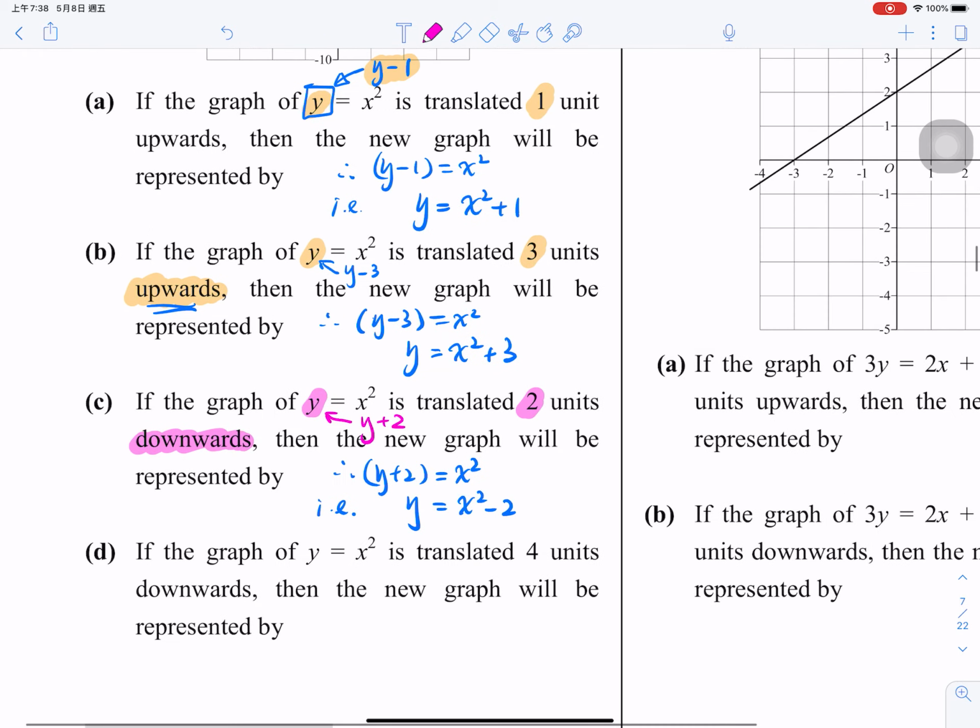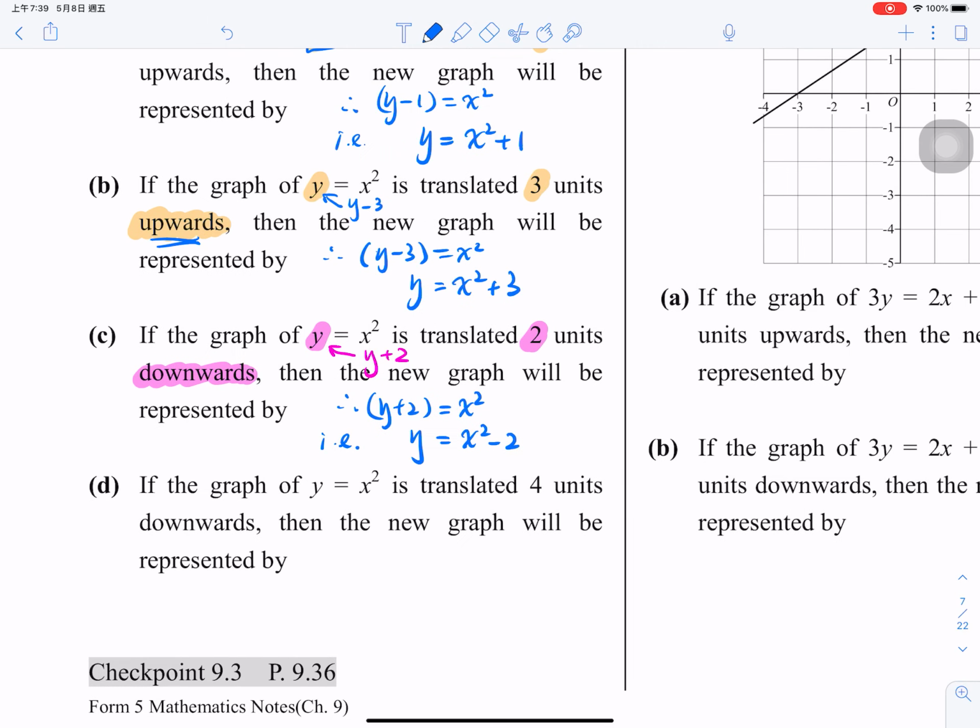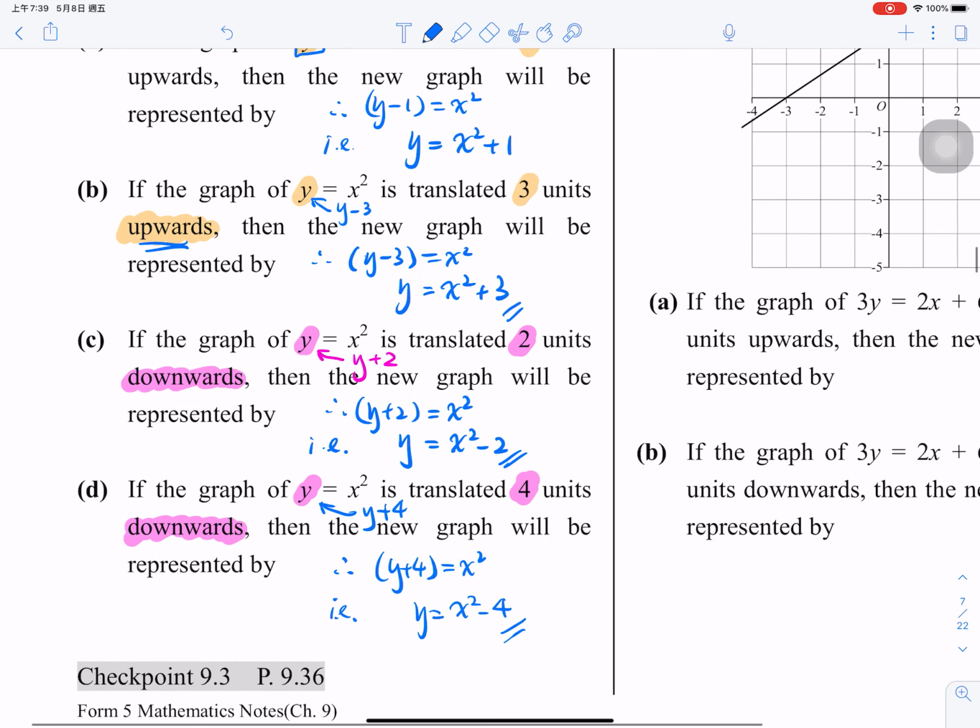How about the last one, D? If the graph of y equals x squared is translated 4 units downwards, then what should we do in y? Therefore, y plus 4 equals x squared, and that means y equals x squared minus 4, right? So these are all the answers, and then translate 4 units downward.